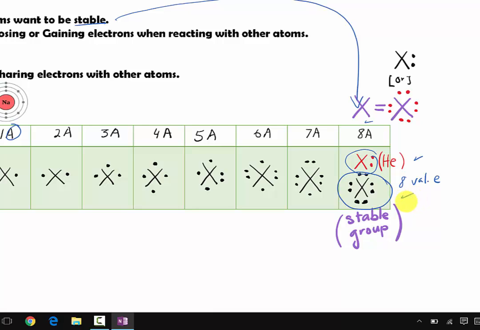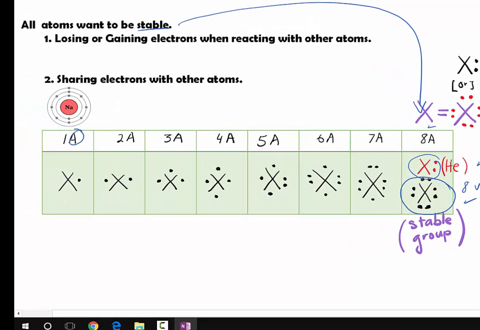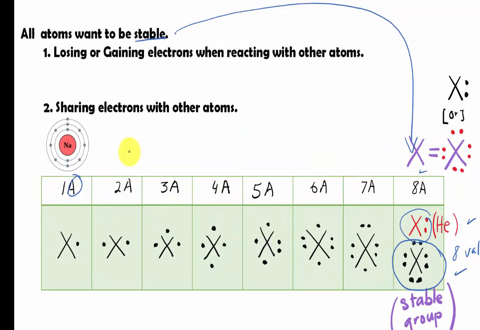So how do atoms become stable? Before we can address how atoms become stable, we need to realize that the Lewis dot structure only shows the valence electron. And valence is the outermost electron.